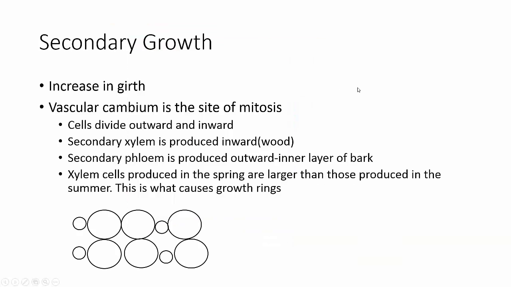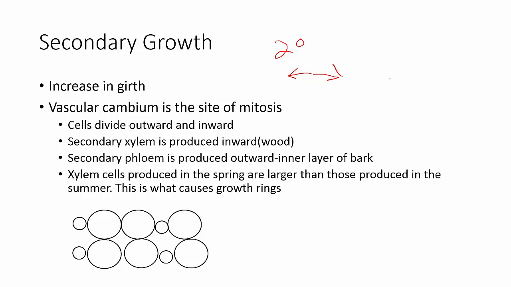Plants also can be complicated because in some groups, like the trees, they have secondary growth, which is when you don't just grow up and down, but you grow side to side. You increase your girth as well. You get bigger in diameter. And there's also a meristem associated with this.